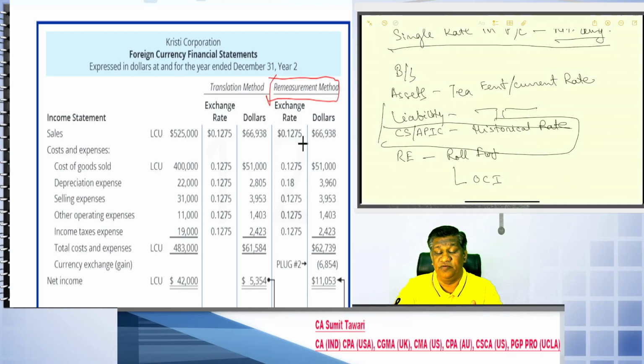Okay, we need to use the historical rate for three items: depreciation, amortization, and cost of goods sold. Okay, so here the cost of goods sold we took a weighted average because inventory is basically evenly distributed, and all 4 quarter weighted average is also 0.1275.